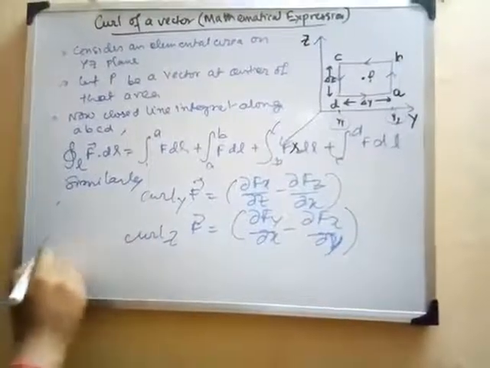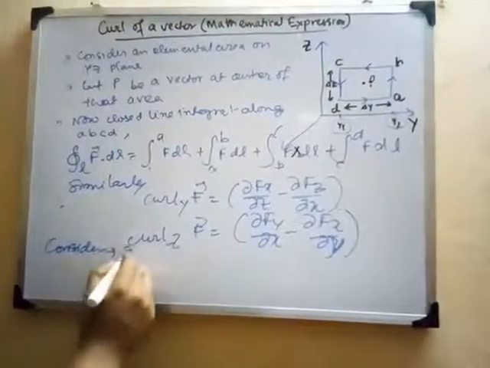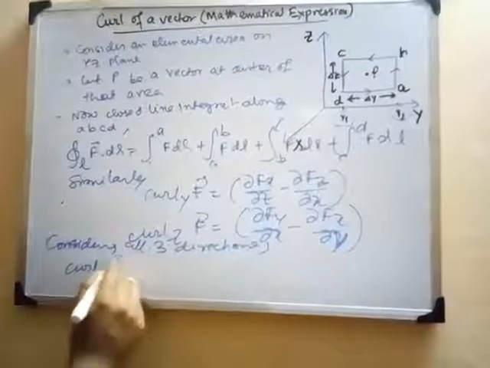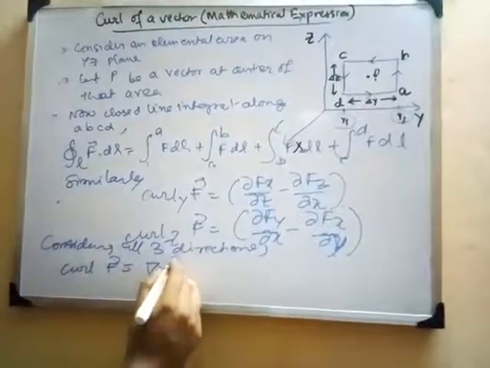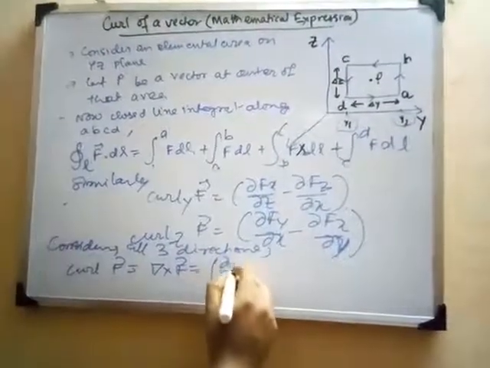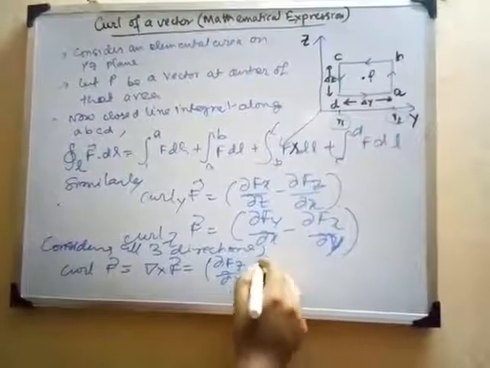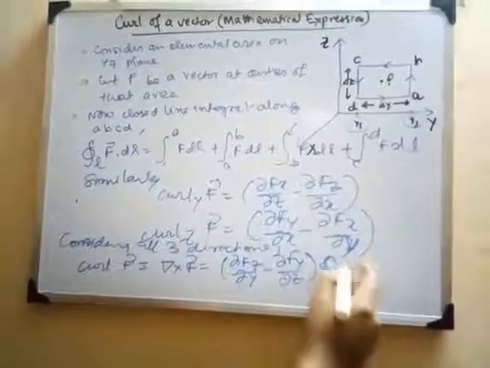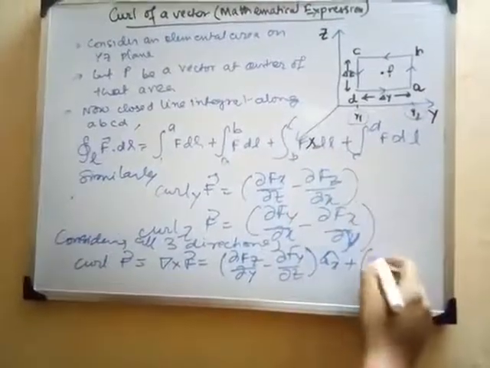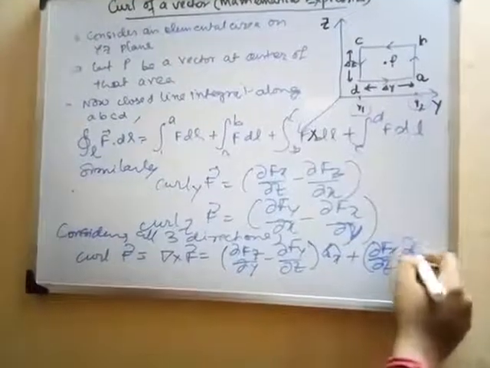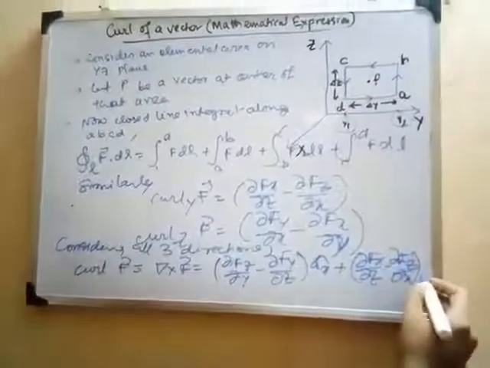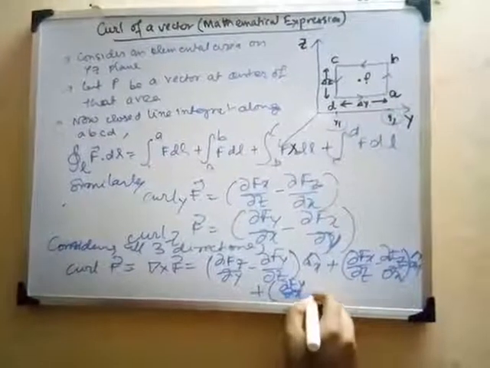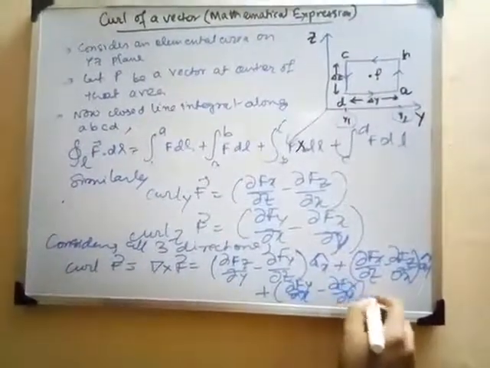Considering all three directions, the curl of vector f, which is del cross f, is the addition of all: del f_z over del y minus del f_y over del z, in the unit vector a_x, because previously it was in the x direction, then del f_x over del z minus del f_z over del x in a_y, and plus del f_y over del x minus del f_x over del y in a_z.